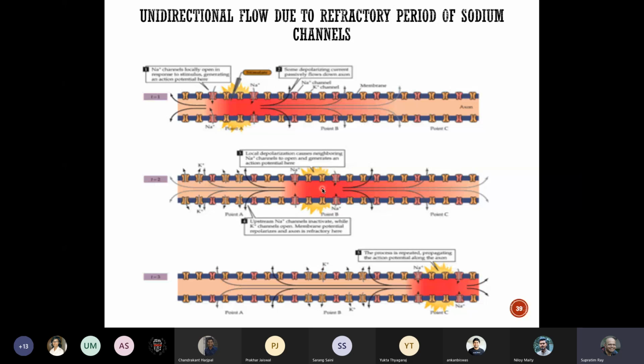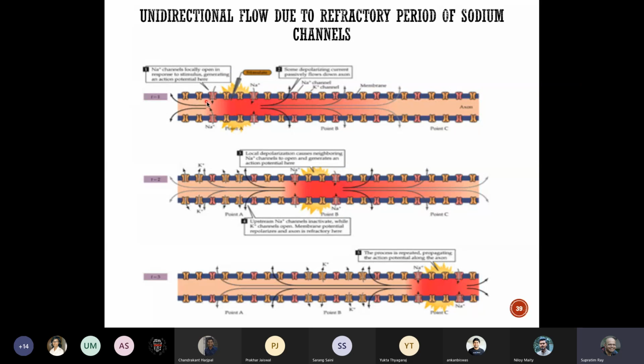And now this will again lead to current that flows in both directions, this direction as well as that direction. But notice that even though the potential here is higher now, the sodium channels are still inactivated. So the current on this side won't lead to another action potential, but on this side, it will. Therefore, the direction is unidirectional. If you stimulate, it's going to lead to an action potential on this side.